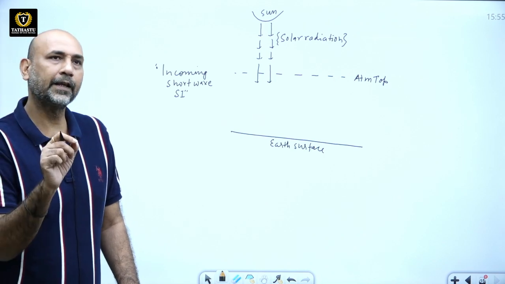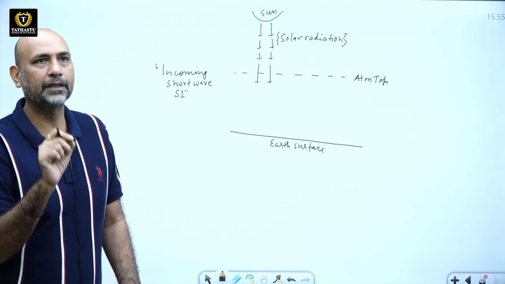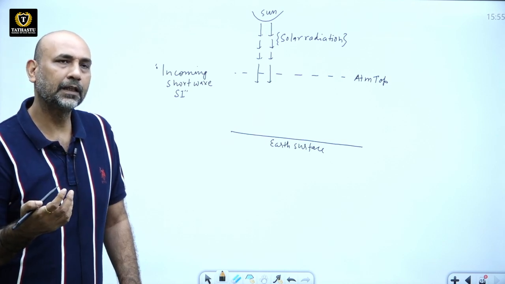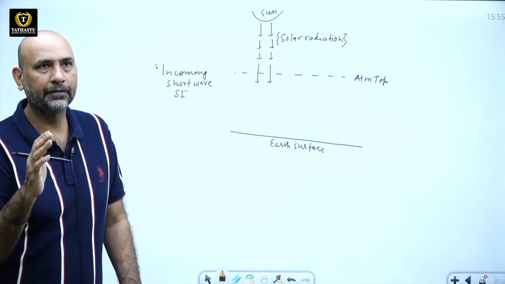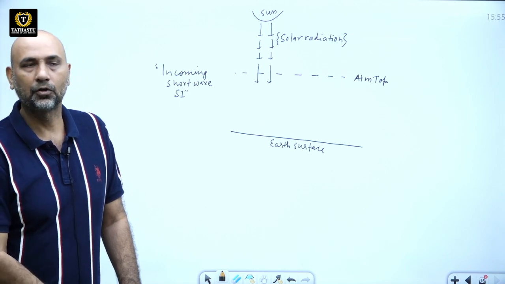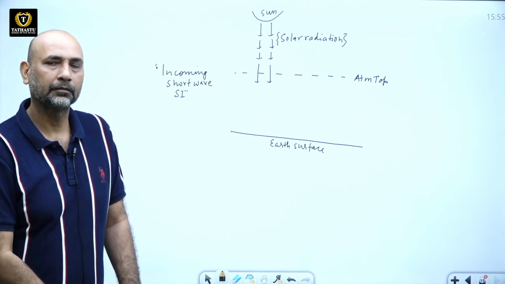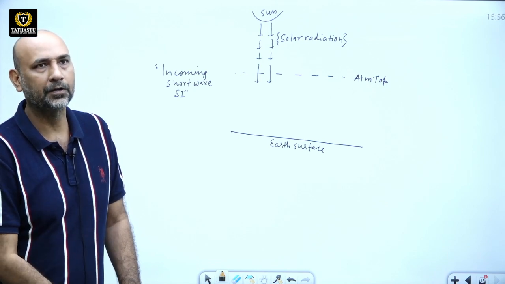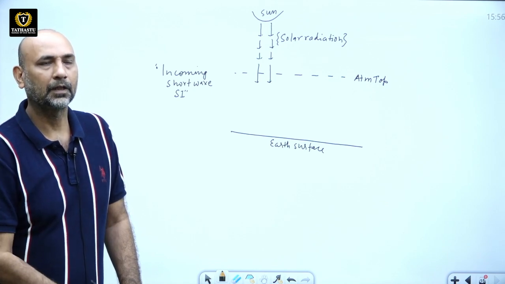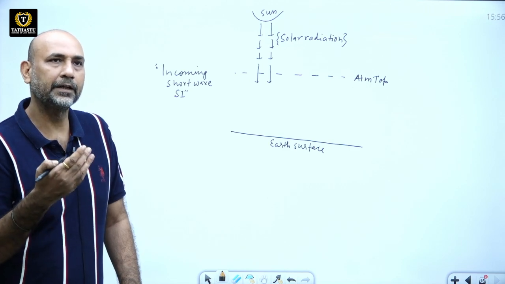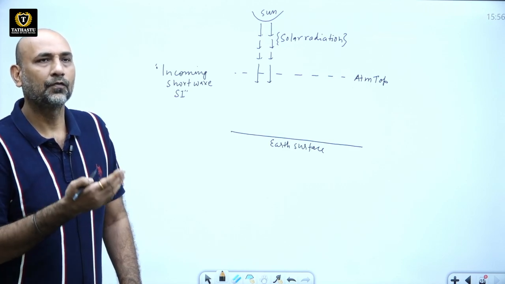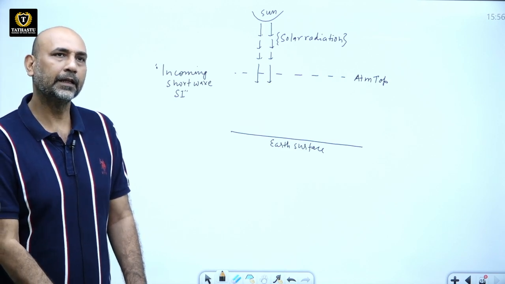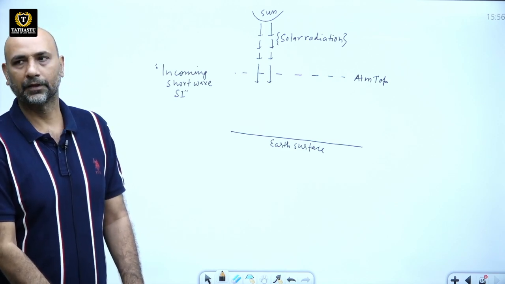So there is a difference in solar radiation and solar insolation. Energy outflowing from sun in the form of wave is described as solar radiation. Don't interchange. In geography, contextual understanding is very important. The solar radiation penetrating through atmospheric top flowing towards earth is described as incoming shortwave solar insolation.